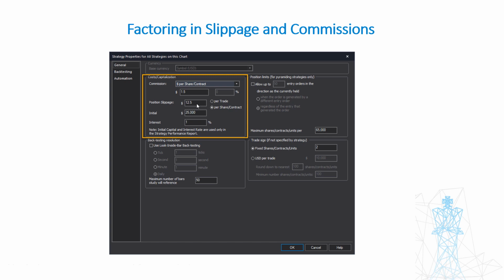It's really important to factor that in, because a lot of times you'll look at a strategy and it looks great, but it makes a lot of trades, and when you factor in the commissions and slippage, the strategy doesn't make money. So you've got to test it with the costs to trade the strategy included.